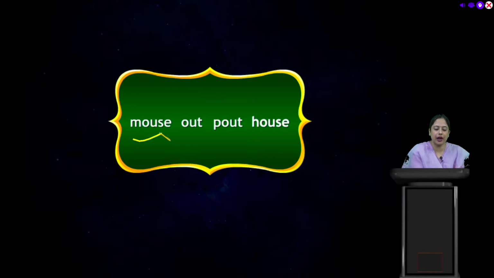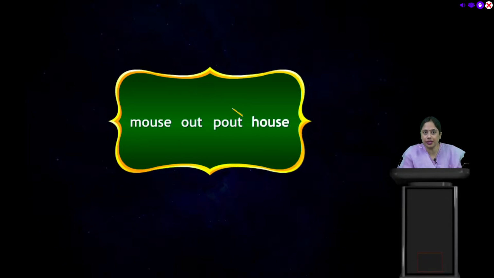Which word rhymes with mouse? House. Very good. Excellent. Which word rhymes with out? That's the word pout. So when we pronounce all these 4 words, which sound do we produce? See? It is always one single sound, which is the ow sound.